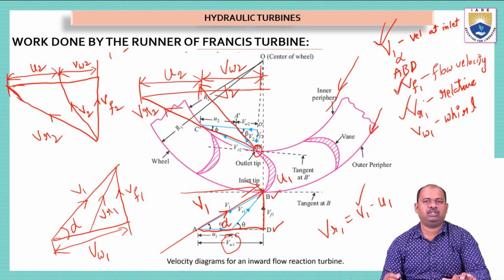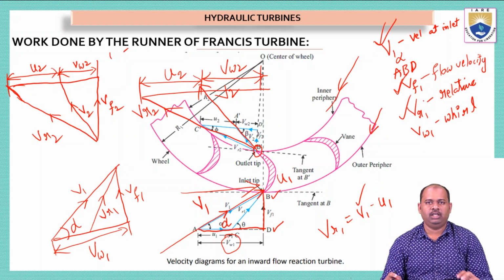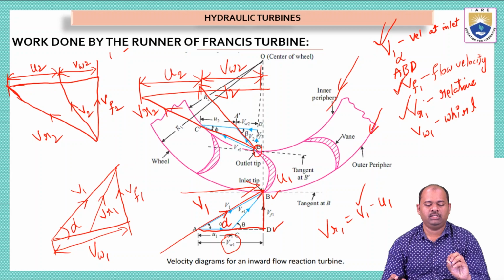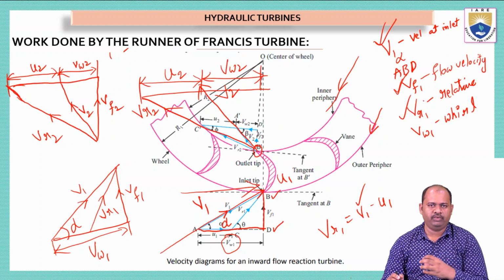So by using these two triangles, we have different terminology: v1, v2, vf1, vf2 for flow velocity, vr1, vr2 for relative velocity, vw1, vw2 for whirl velocity, and u1, u2 for velocity of the vanes at inlet and outlet.